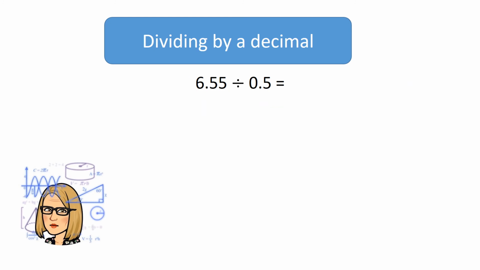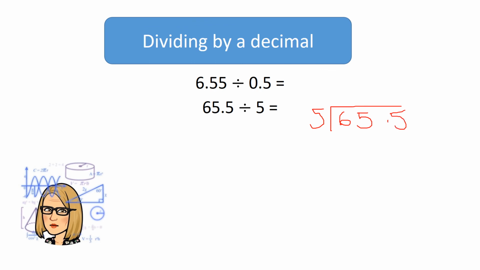Here's the last one to have a go at. There's 6.55 divided by 0.5. Again, pause the video. So to turn that 0.5 into a whole number, I've got to multiply it by 10, which means I've also got to multiply 6.55 by 10. So now I've got 65.5 divided by 5, and I can use my bus stop for that. 65.5.